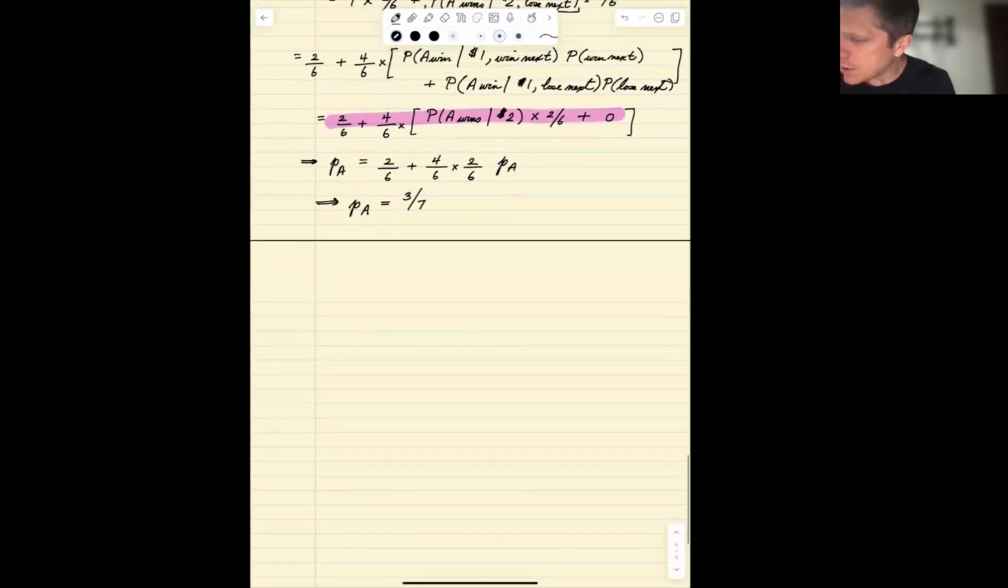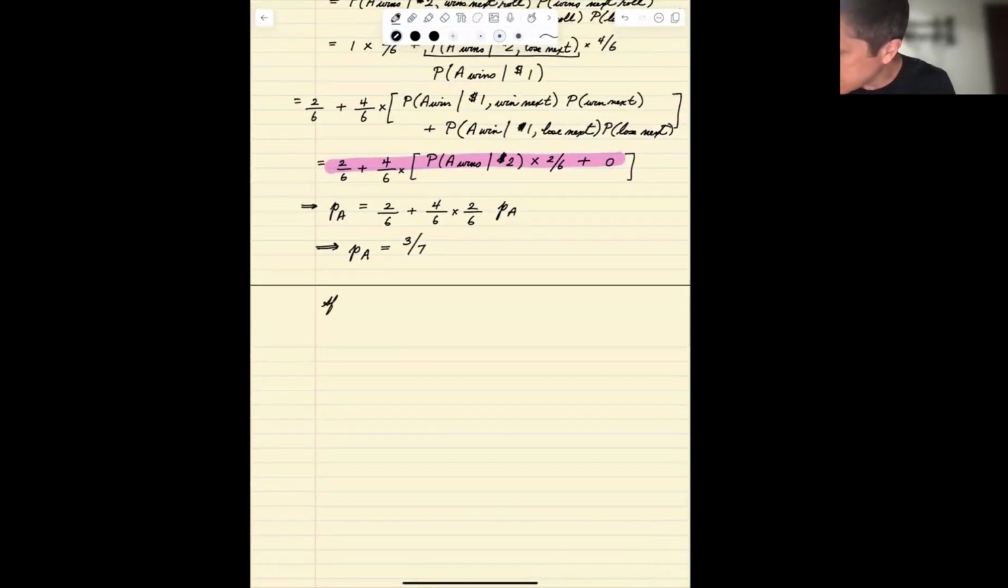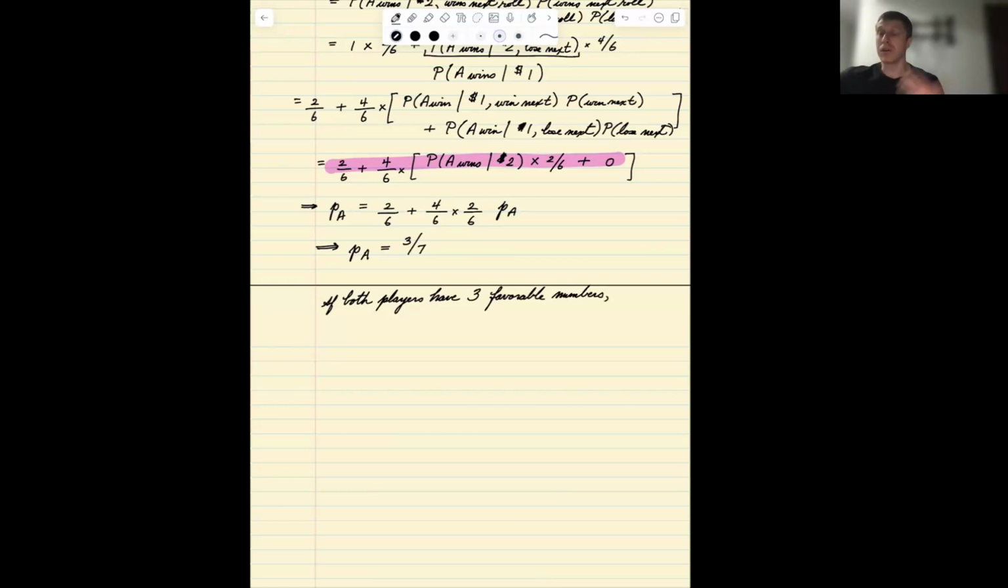If both players have three favorable numbers each, so they each have a 1/2 probability on each roll, it evens out the game a little bit. Then the probability that A wins, we can figure this out.